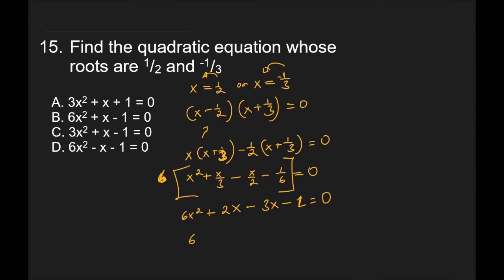Now we can simply say we have x squared plus 2x minus 3x is minus x, and minus 1 equal to 0. I hope we have an answer. Yes, we do.